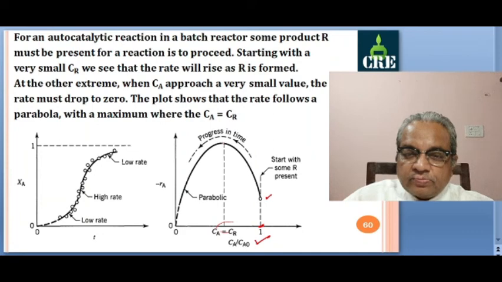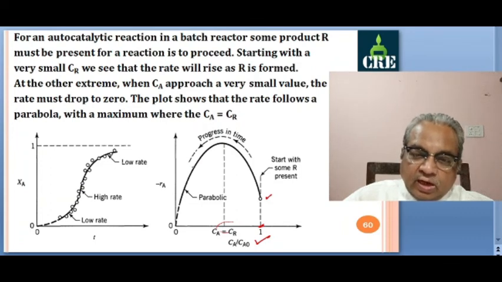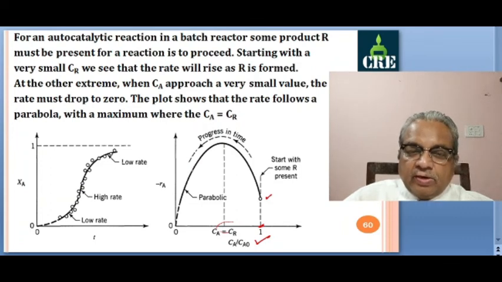Then what happens? Your Ca value is going on continuously depleting, so Ca will fall. When Ca falls, still R is there, but A is required, and as less and less A will be there as you go on this side, the rate will fall.